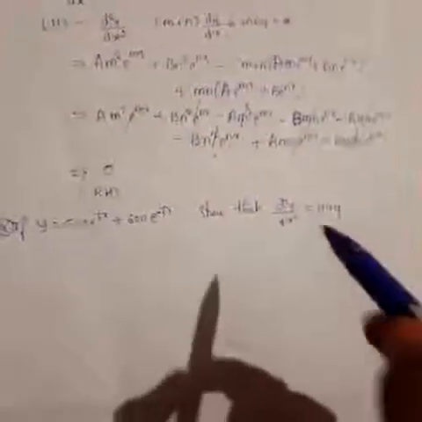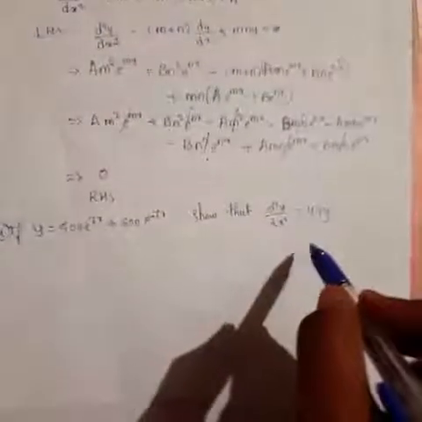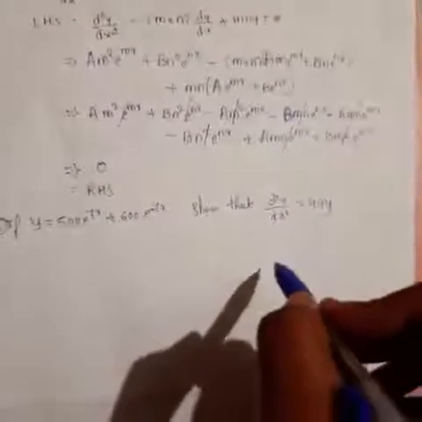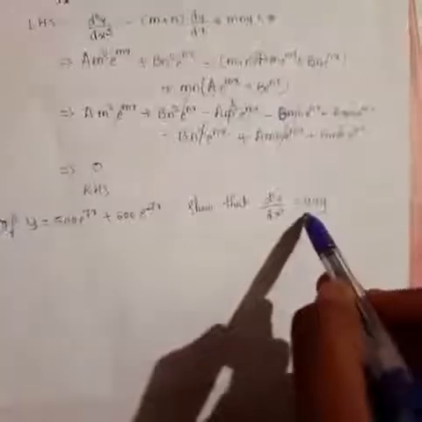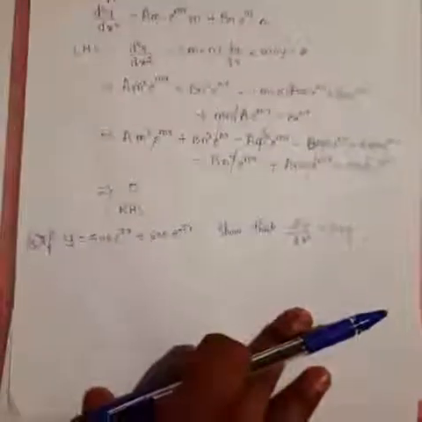Then after that, find first d square y by dx square, then you have y value also. Put these two values in this equation, you will get 0 as the answer. That is nothing but d square y by dx square is equal to 49y. I hope you all understood this one.